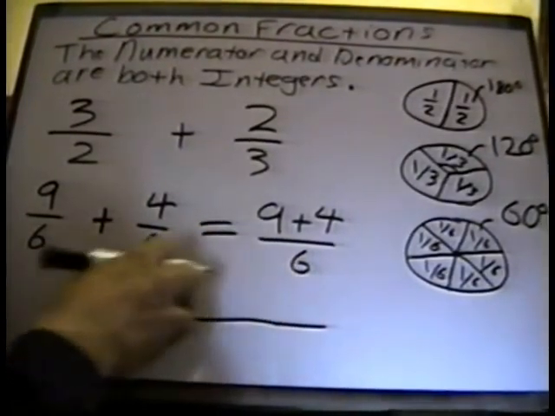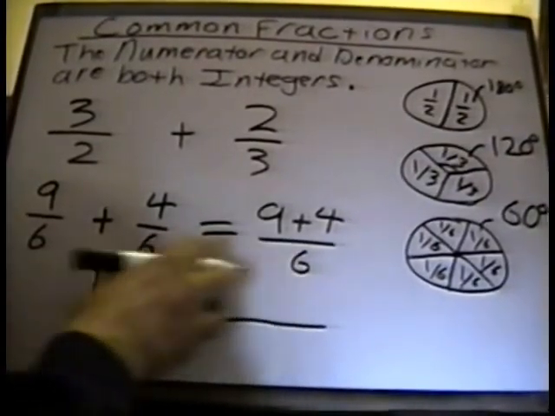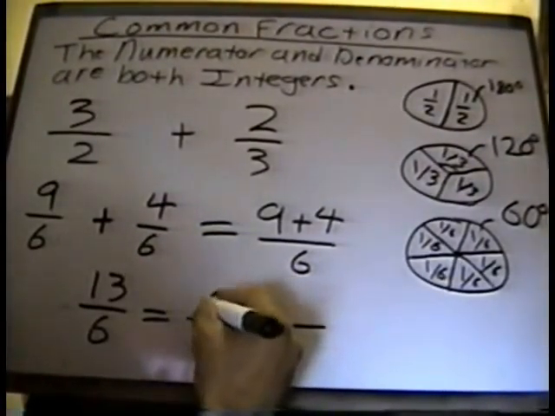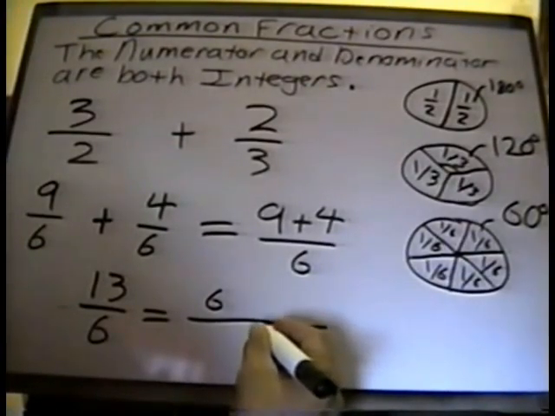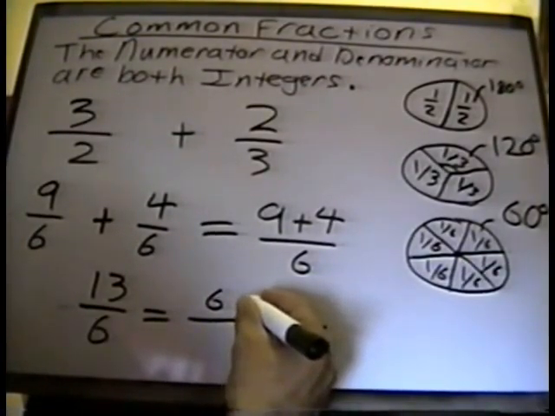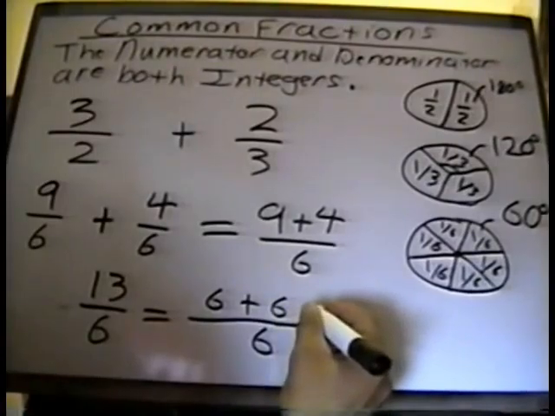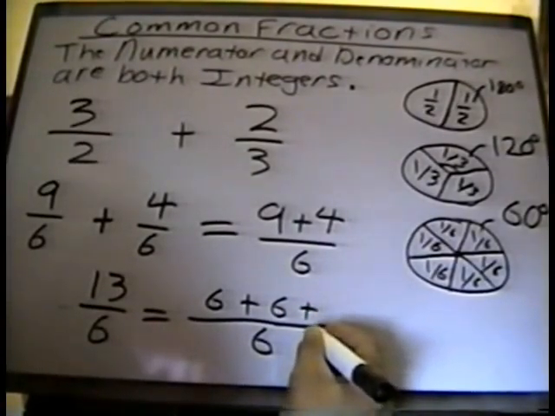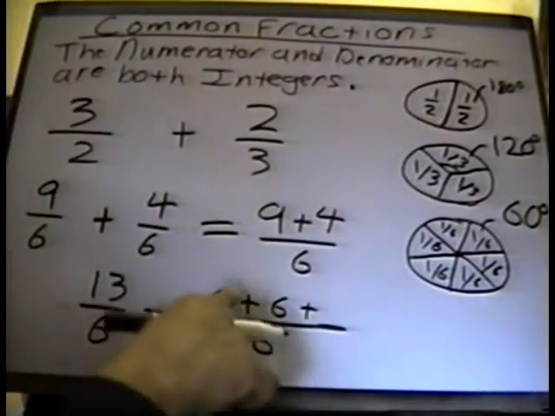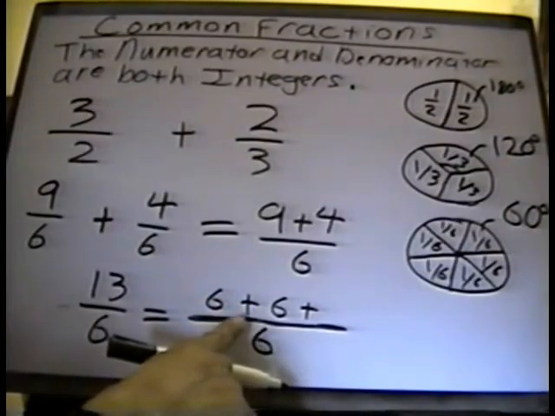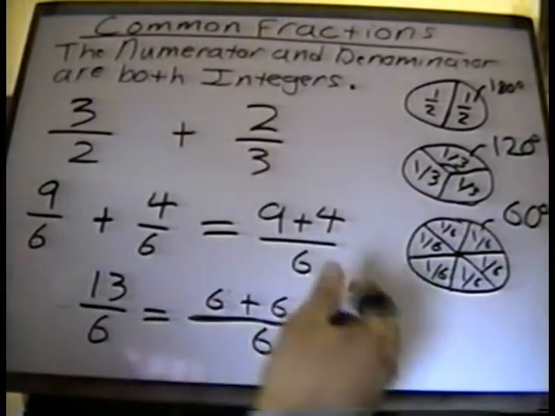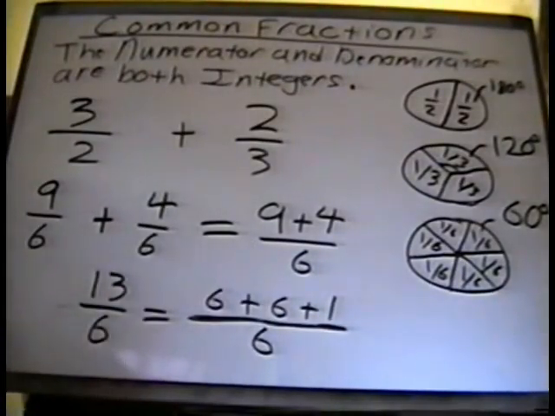What we do is we add up 6 plus 6 until you don't have any more 6's evenly, because 6 plus 6 is 12, right? That makes 12, and you just got one more left over. 6 plus 6 plus 1 over 6.